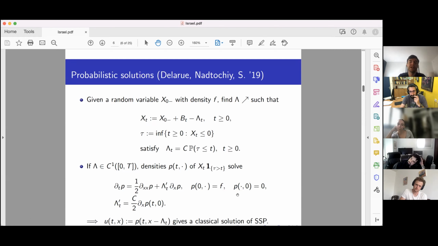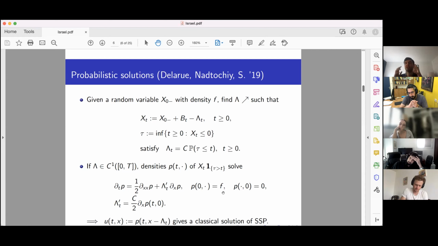If I think about the sub-probability densities, which give me the distribution of x_t on the event that it has not been absorbed, then the standard forward Kolmogorov equation for x will tell me that these densities little p solve a certain PDE. That's the PDE you see towards the bottom of the slide, the PDE for p. And of course, the initial condition will be precisely f because I start my process according to f.